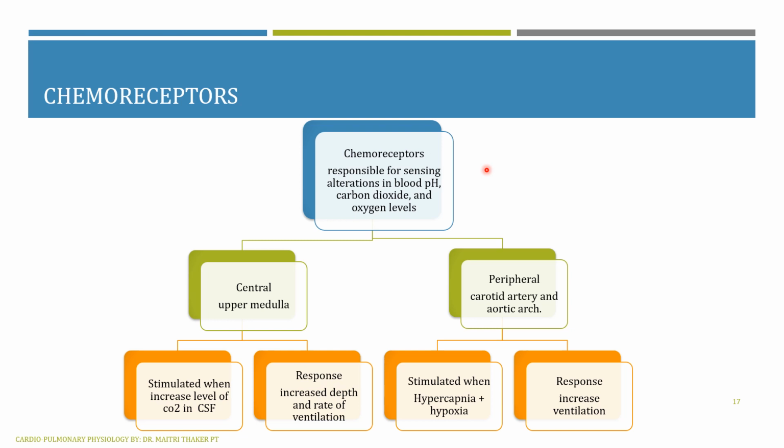Central chemoreceptors are located in the upper medulla. They get stimulated when there is an increase in the level of CO2 in the CSF. As they are located centrally in the brain, obviously they will be sensitive to the CO2 level in the CSF.